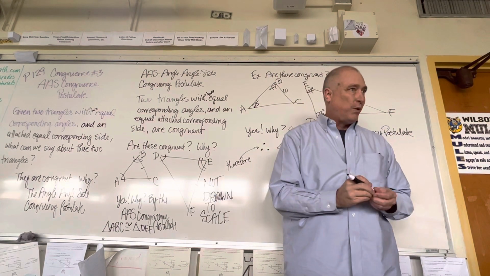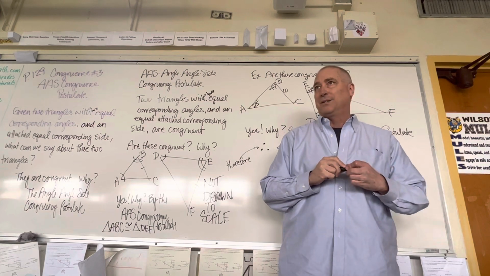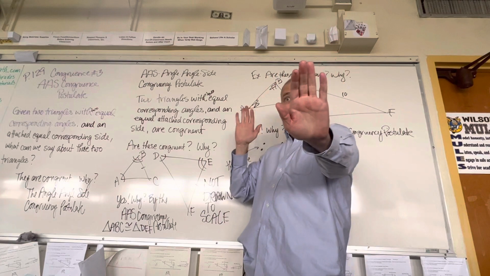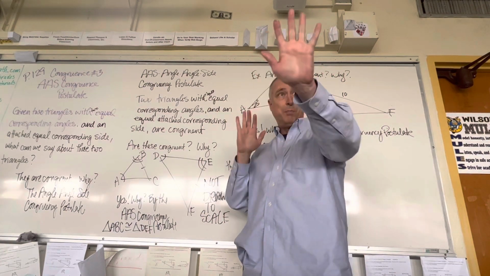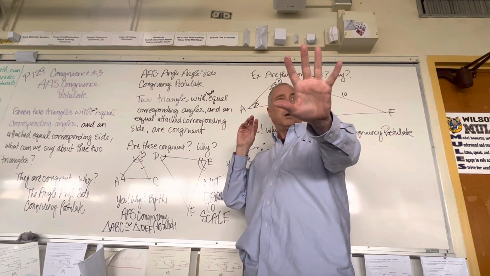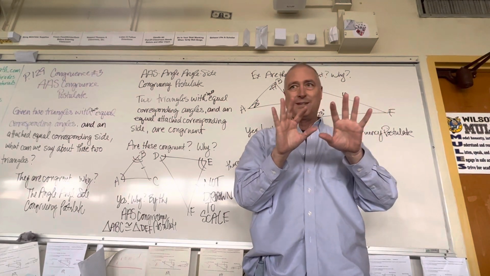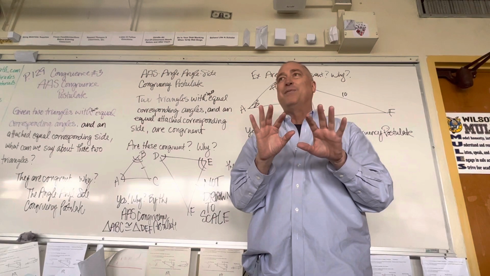The easiest way to think about not drawn to scale: what if one of these was closer to you and the other triangle was pulled back? Wouldn't the closer one be bigger, and the one back here smaller? But if you moved them right here, they're exactly the same size. Does this make sense?